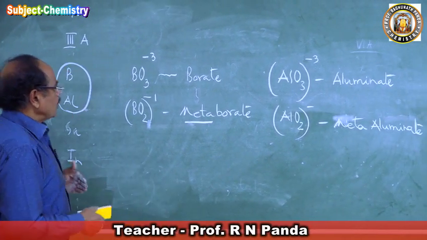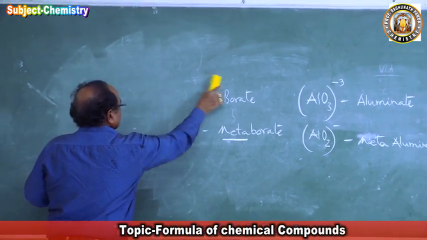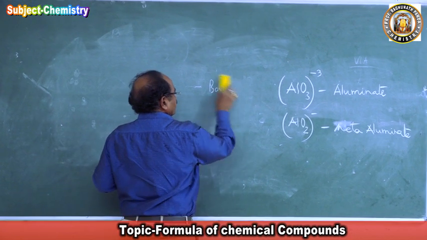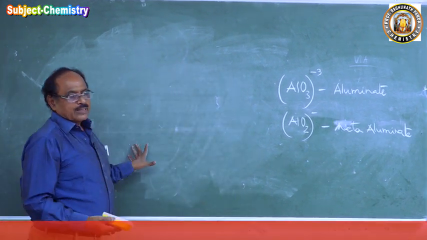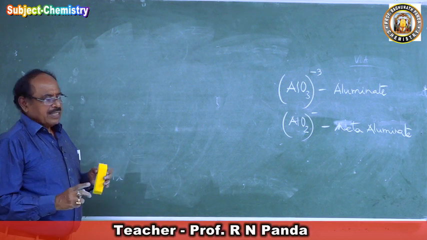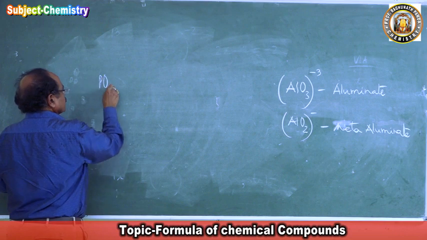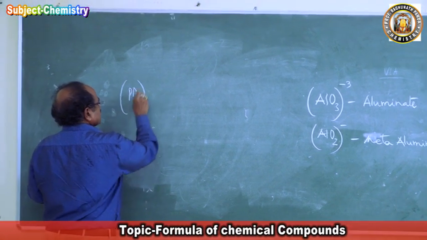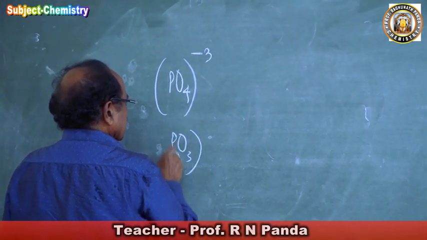Now let's come to phosphorus, because we also have the nitrogen family in our syllabus. We will have the nitrogen family, and the 2 radicals I told you, nitrate and nitrite. Phosphorus forms PO4 minus 3. It also forms PO3 minus 3.